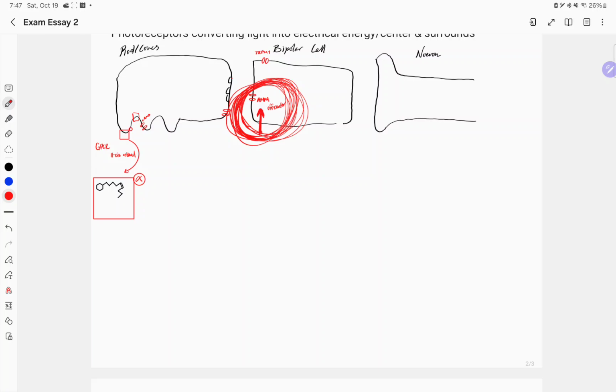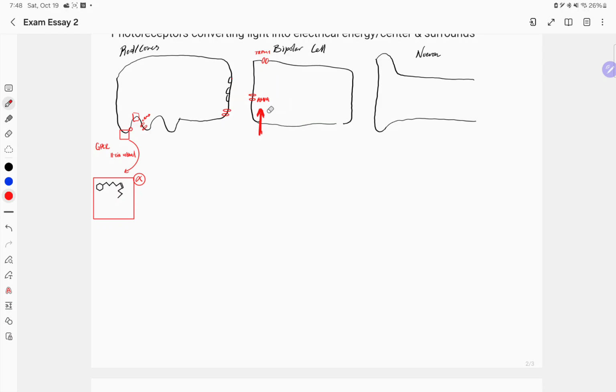So that's the difference. That's how we tell. But this off-center and on-center doesn't matter until we get to the bipolar cell. So everything else that happens here with the rods and cones is all the same, whether it's on-center or off-center. It only matters once we get here.